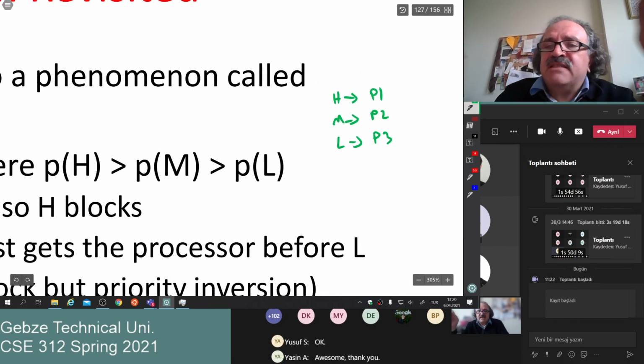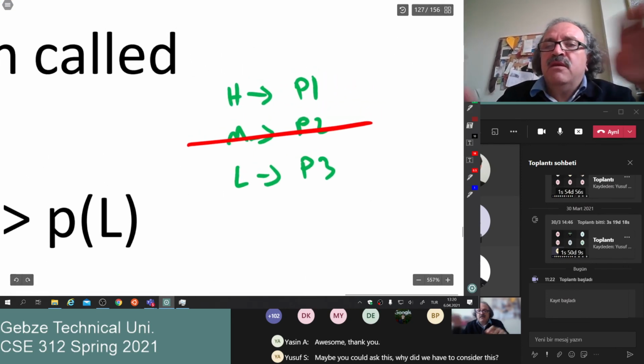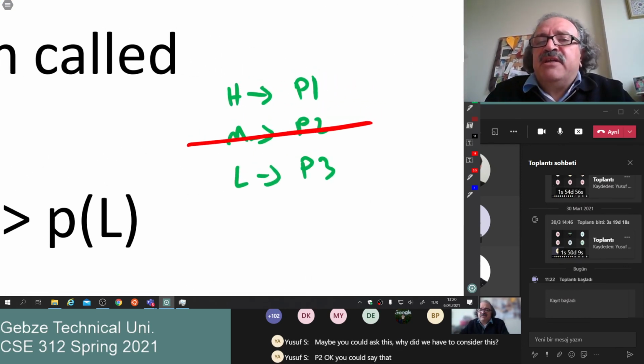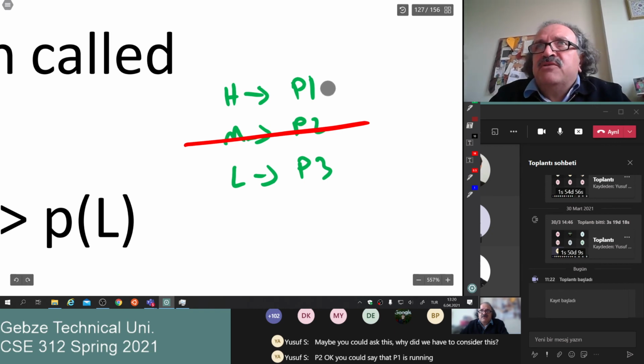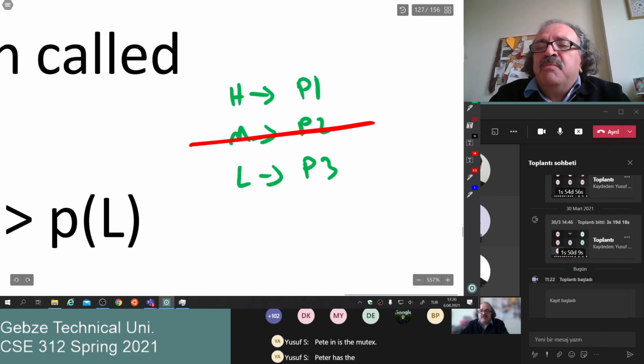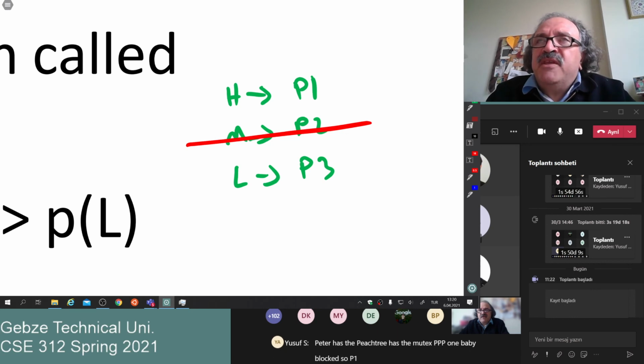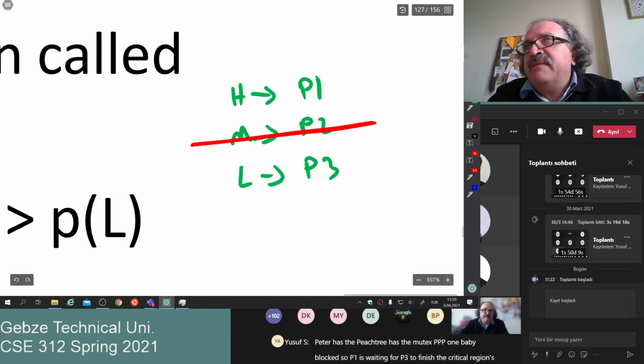Maybe you could ask this: why did we have to consider P2? You could say that P1 is running, P3 has the mutex, P1 will be blocked, so P1 is waiting for P3 to finish the critical region, etc. You could say the same thing.